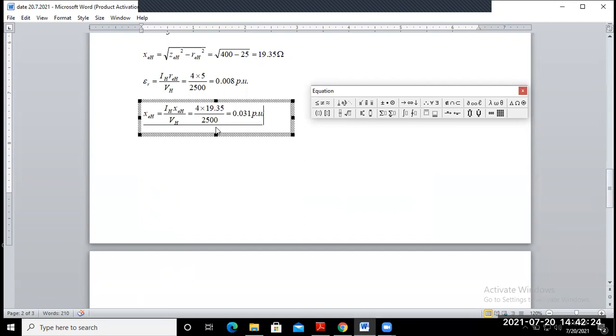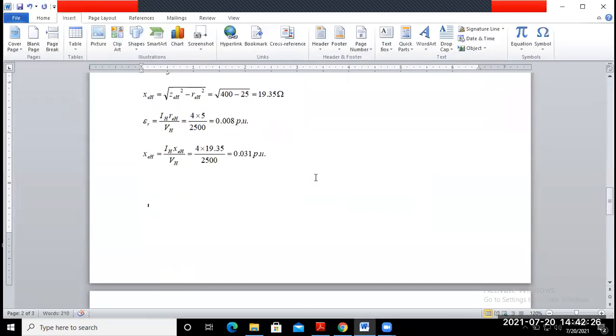Per unit. Okay. Now voltage regulation at 0.8 lagging. Find out the value of voltage regulation at 0.8 power factor lagging.